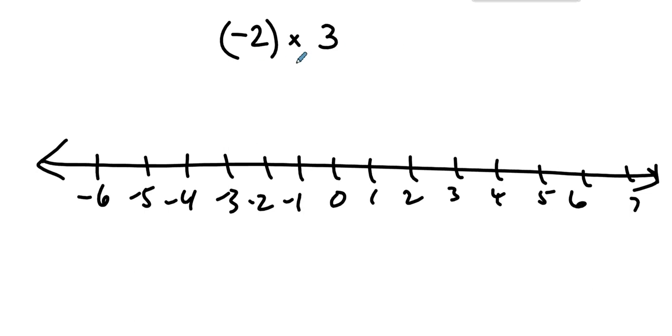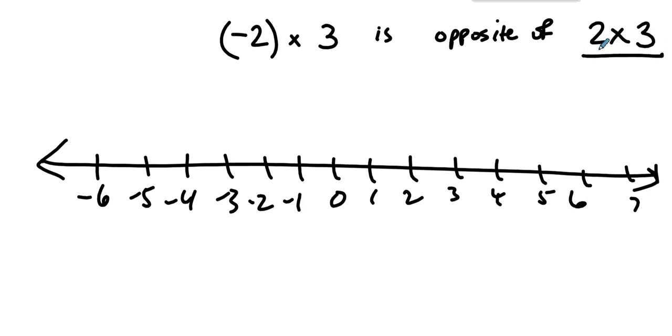So negative 2 times 3 is the opposite of positive 2 times 3. So what does opposite mean? Well, in positive 2 times 3, we faced the right. We faced the positive end of the number line. In negative 2 times 3, we face the negative end of the number line.